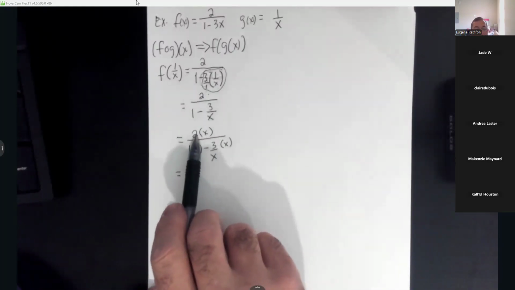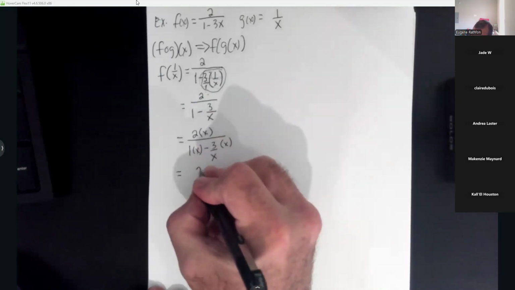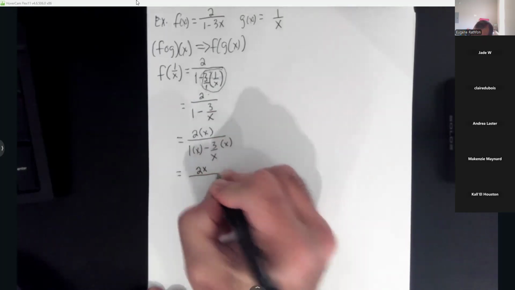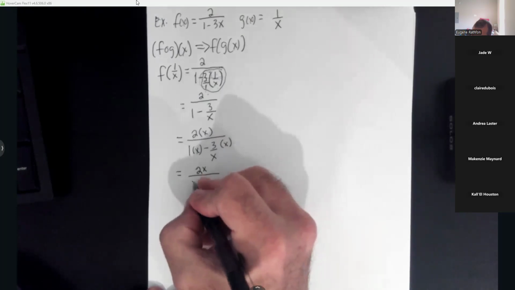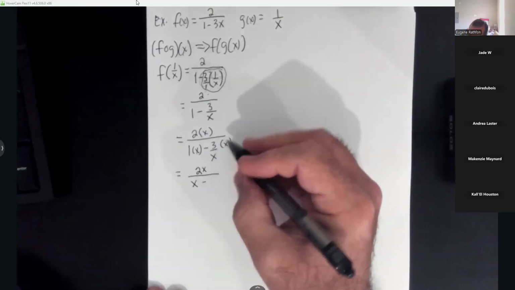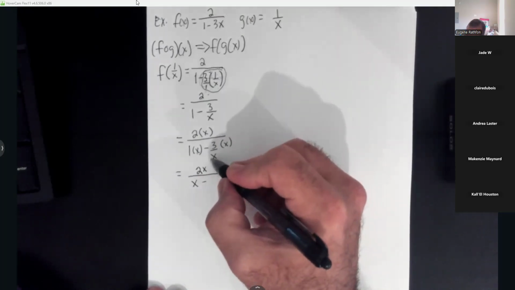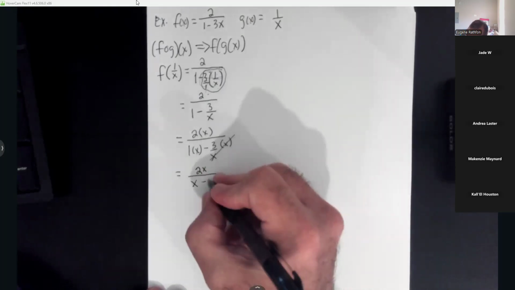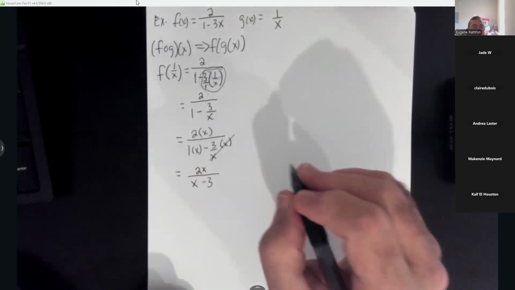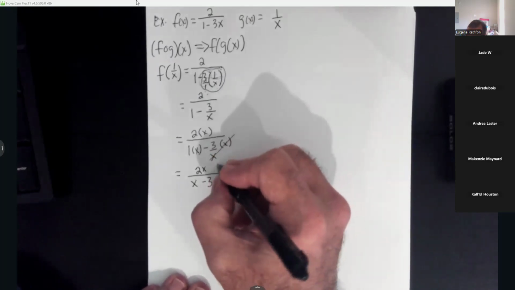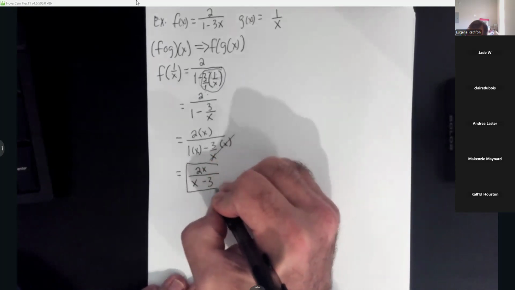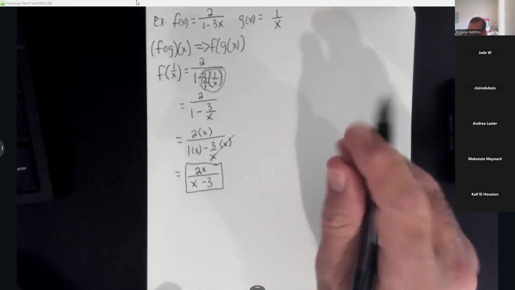All right, so y'all see what's happening. 2 times x is 2x on the top. On the bottom, 1 times x is x minus, and y'all look here. Once again, my x's cancel, and I'm left with my 3. So, nothing else to do to that. It looks like a normal fraction now.